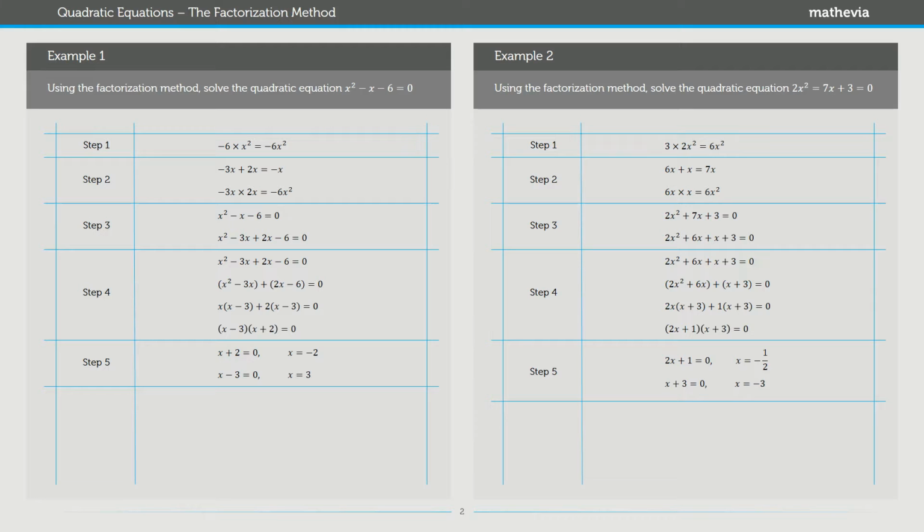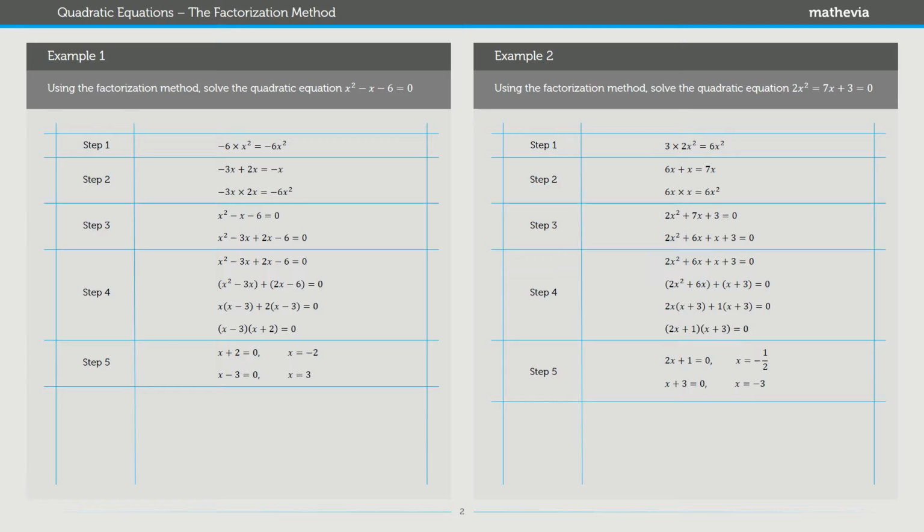We want to put this back into the equation in place of minus x, our middle term. So we'll go ahead and do that. You have x squared minus x minus 6 equals 0, and when you bring the two terms together and put them in place of minus x, you have x squared minus 3x plus 2x minus 6 equals 0.